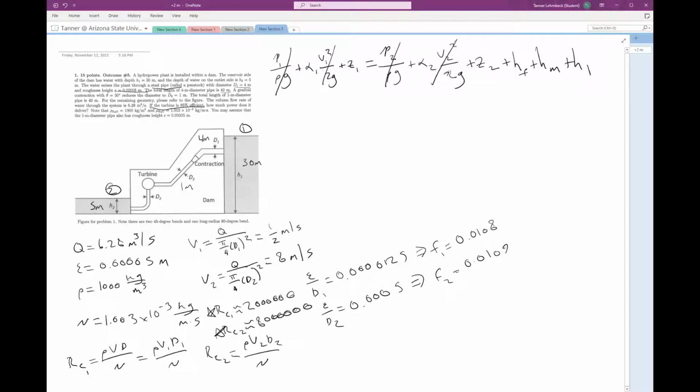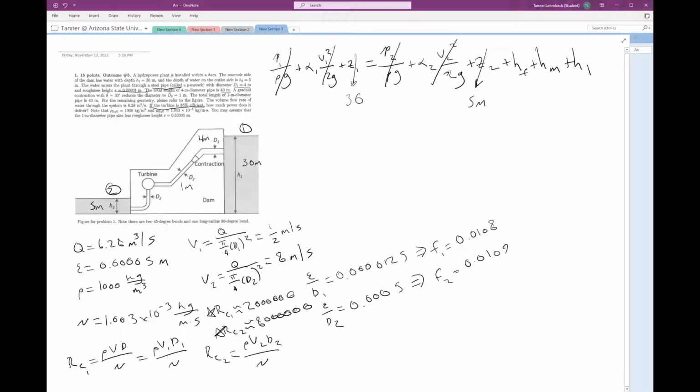And then we have the Z1 height here, H1, of 30 meters. So this will become 30. Z2 becomes 5 meters. And then we just have to write out our expressions for our minor loss, major loss, and then our turbine head.